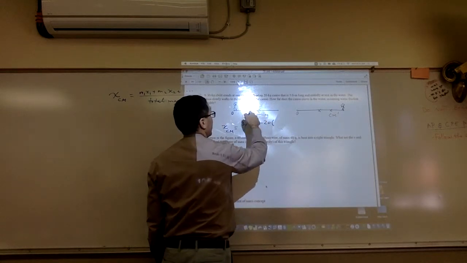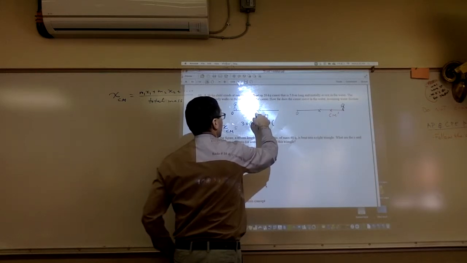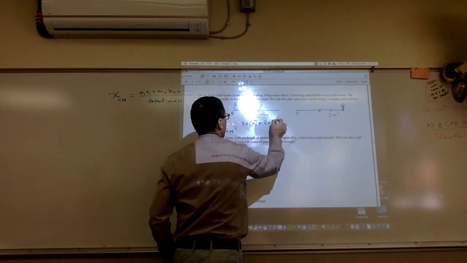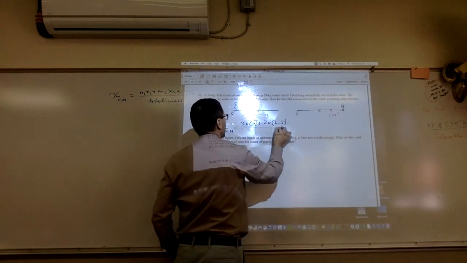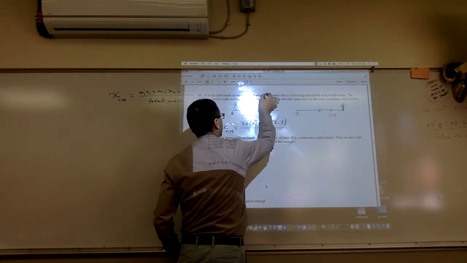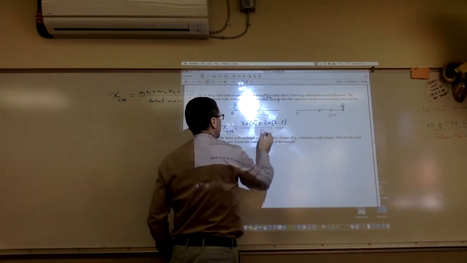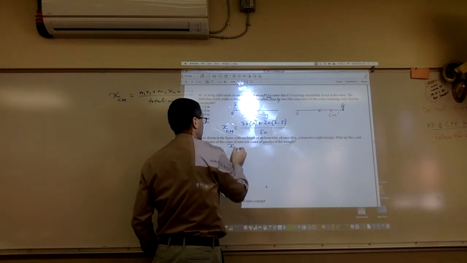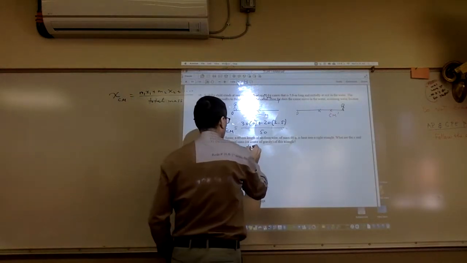Now the canoe is 5 meters long, so its mass is almost concentrated in the middle, so that's 2.5 meters away from here, because this whole thing is 5. Over the total mass, which is 50. So now the position of the center of mass in the first case should just be 1 meter.